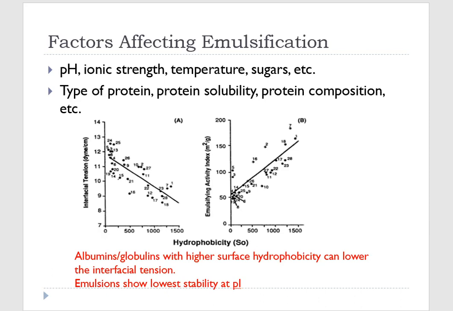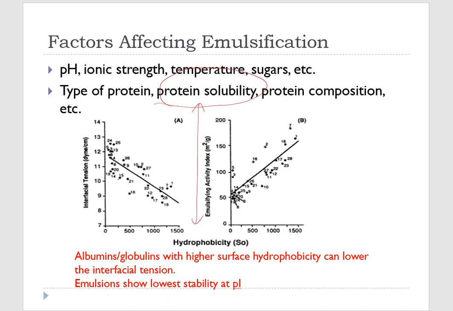There are many factors affecting emulsification, such as pH, ionic strength, temperature, sugars, etc. Also the type of protein and its composition are important, and we said protein solubility is an important property, and it's related with hydrophobicity, surface hydrophobicity.